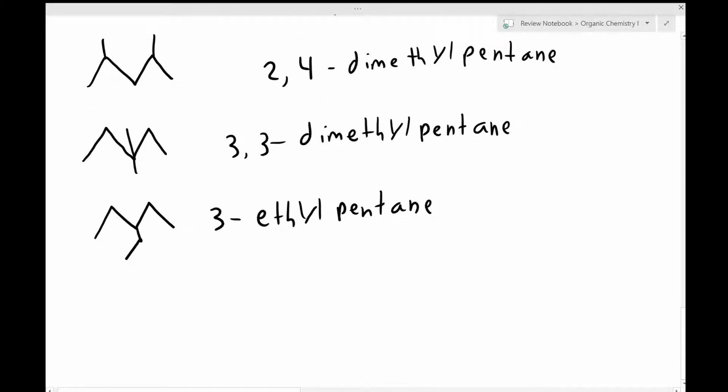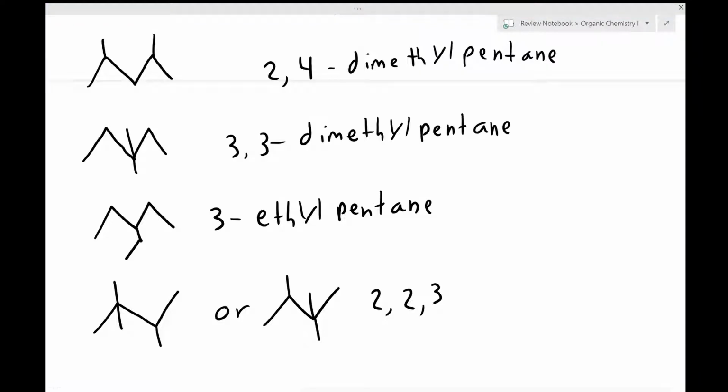And now we're going to shorten the chain again. 1, 2, 3, 4. I have 2 on number 2, 1 here. This should be 2, 2, 3.